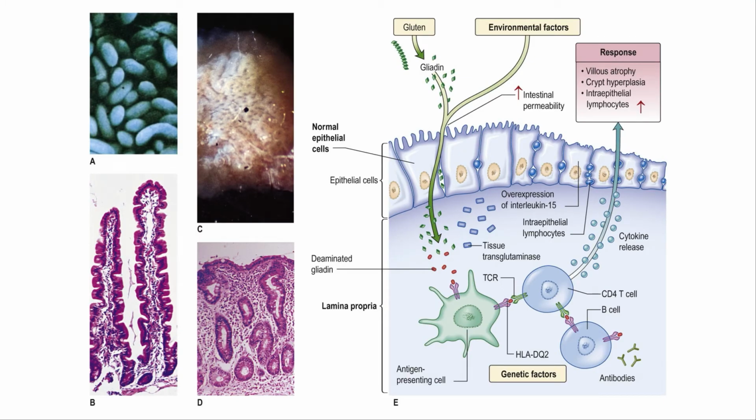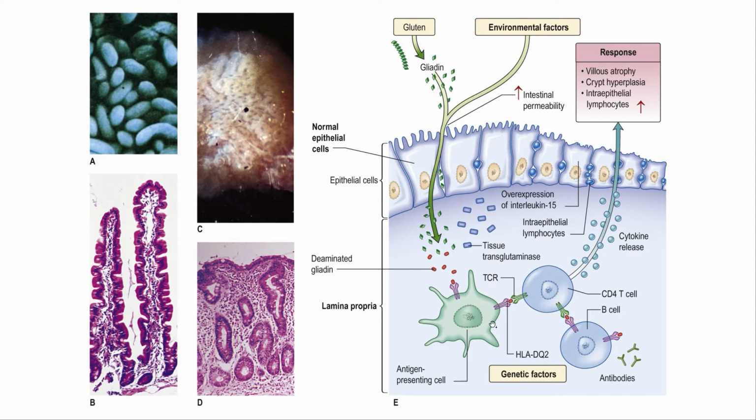So here's a diagram of celiac from the clinical medicine textbook. If we follow this flowchart, you've got gluten, which becomes gliadin, and then gliadin becomes deaminated via an enzyme, and that then reacts with the immune system, and you end up with a couple of things happening.